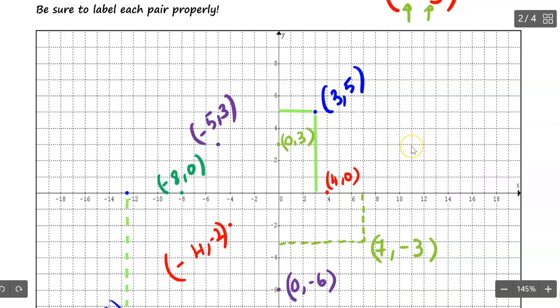Okay, so this is 3 and 5, both positive, so they stay in quadrant number 1. Alright, so I take that away just to show everyone just the point.